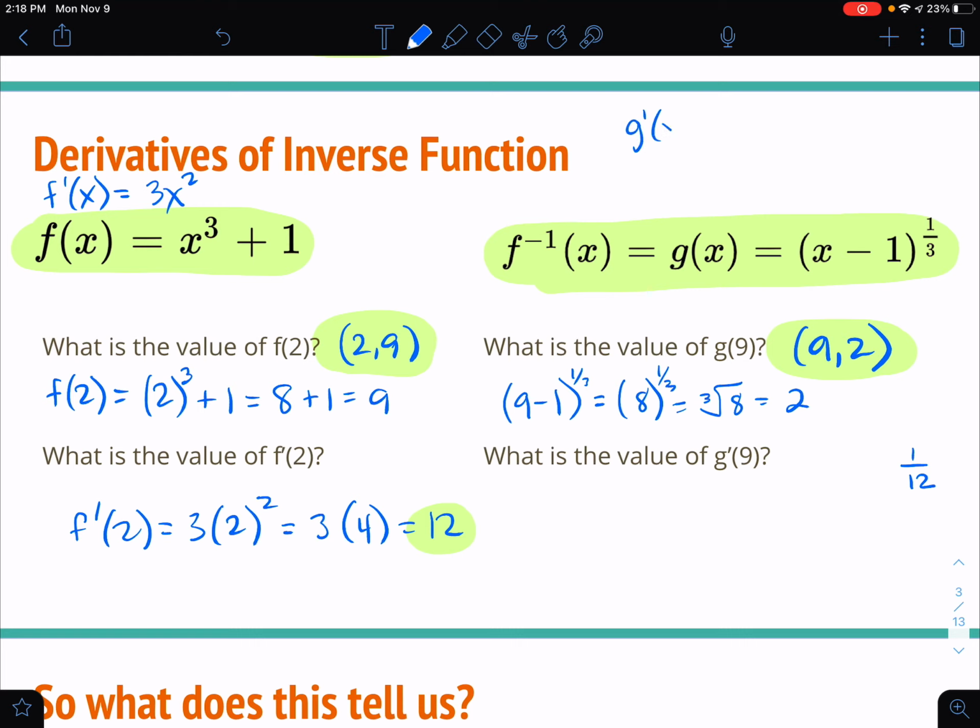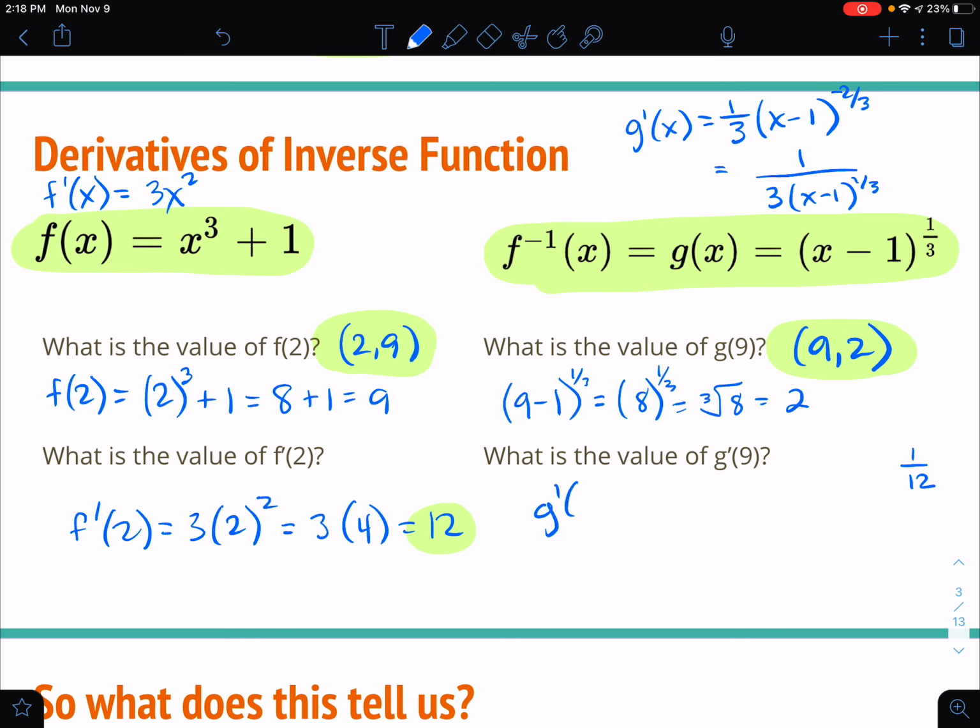So g prime of x is going to be 1/3 times x minus 1 to the negative 2/3, which is really 1 over 3 times x minus 1 to the 2/3.